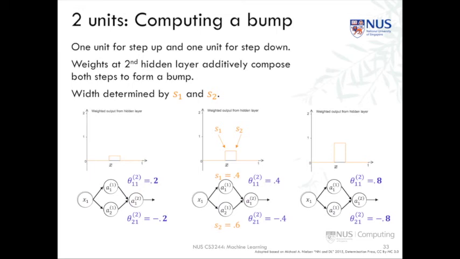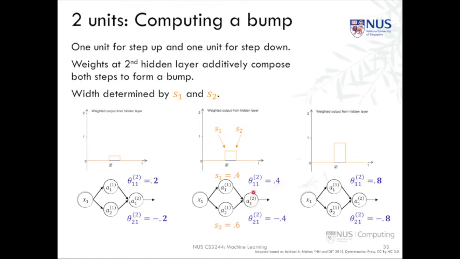Now that was one unit. Now I can compute a bump using 2 units at a time, right? I can go compute the front of the bump through one path and compute the back of the bump through another path. So let's look at the center and see how that works, right? I can set the front of the bump equal to 0.4 by using those weights, by tuning the bias and theta, and then having a positive activation here for the next layer, right?